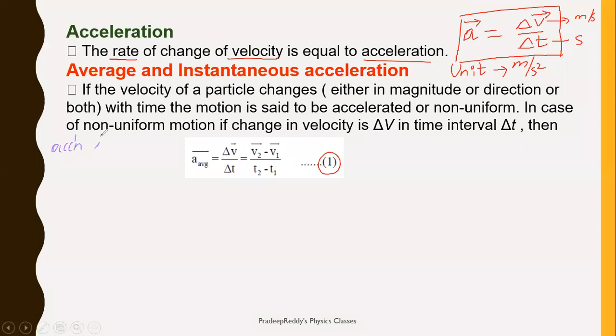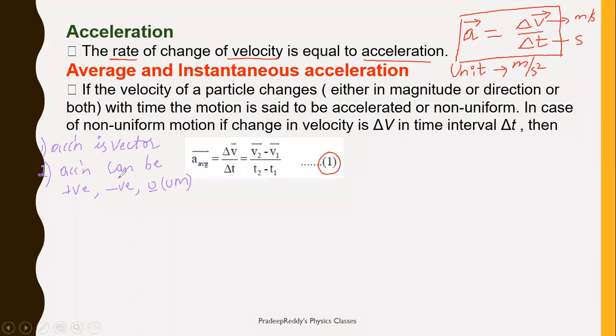Right? And you should remember that acceleration is a vector quantity. And the second point is acceleration can be positive or negative or zero. Acceleration zero means this will be uniform motion. Acceleration positive means velocity is increasing. Acceleration negative means velocity is decreasing.